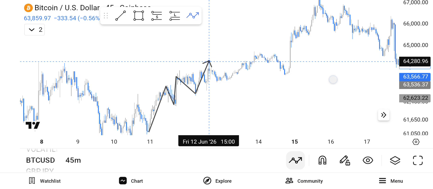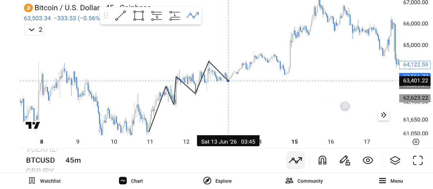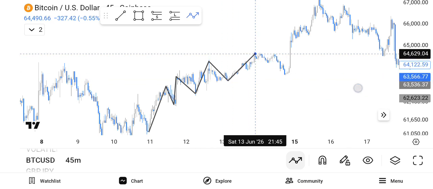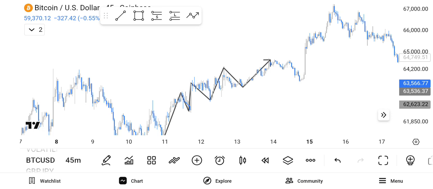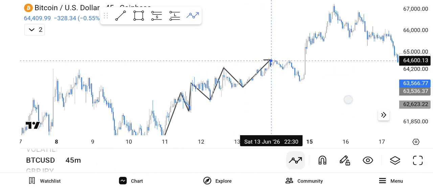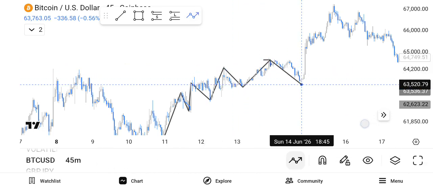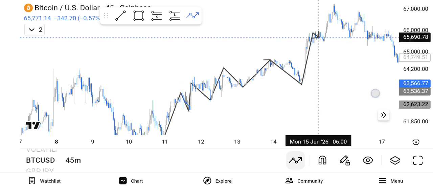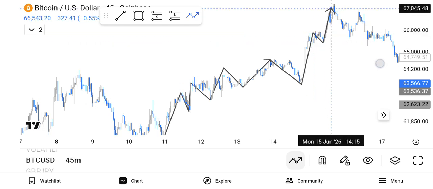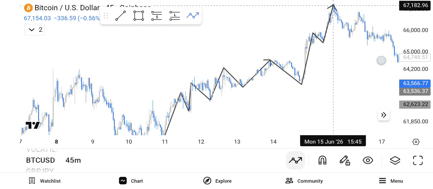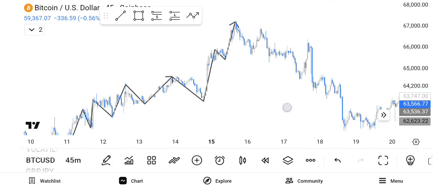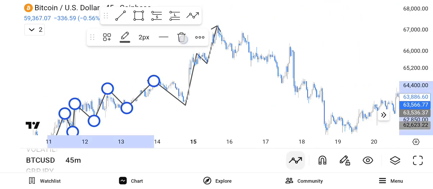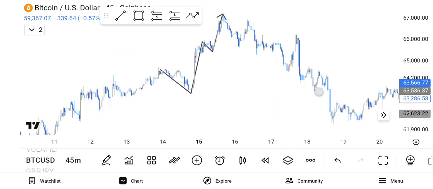We have this, broke this, a strong push to the upside. You can see that throughout this phase, the market has been in an uptrend.